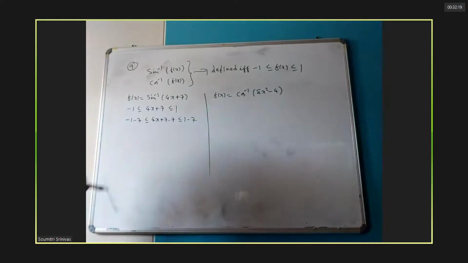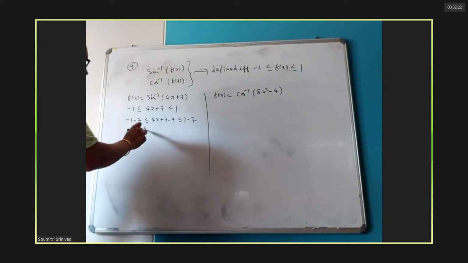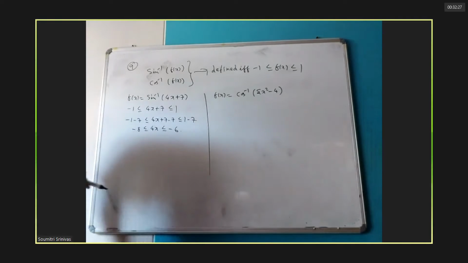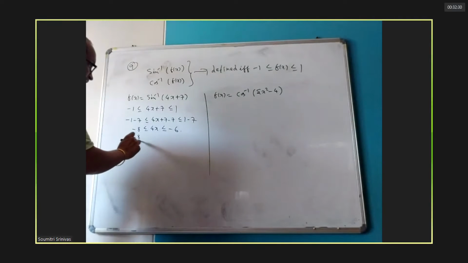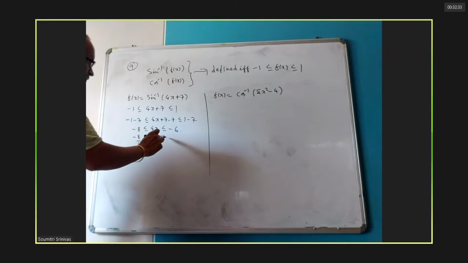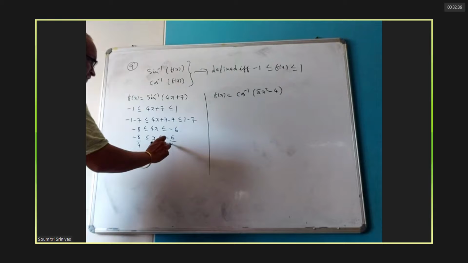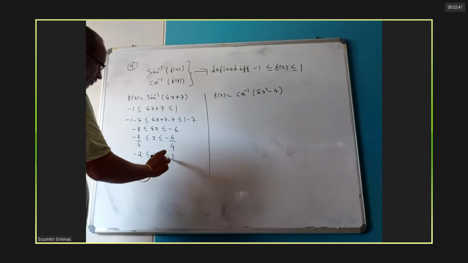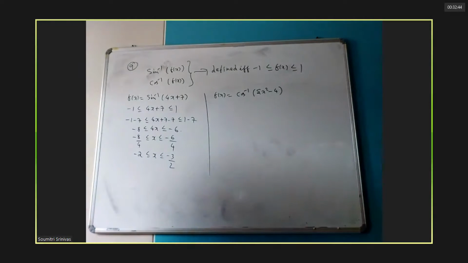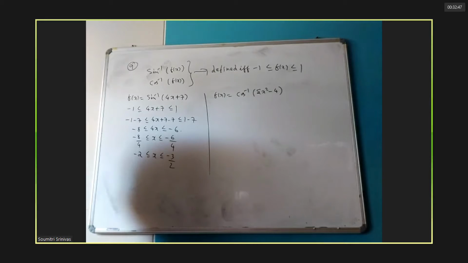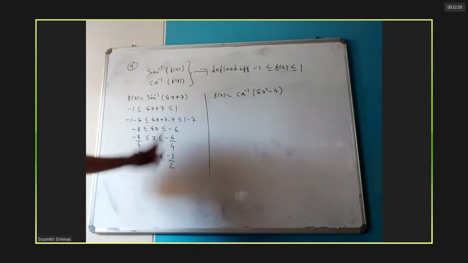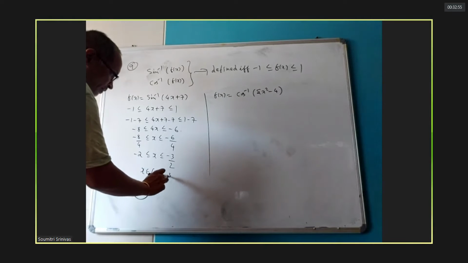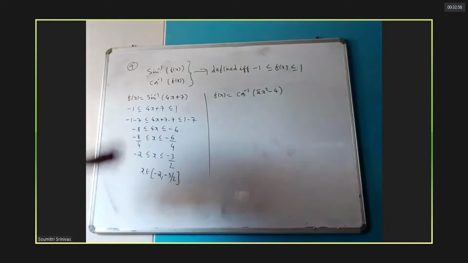Am I correct? -8 less than or equal to 4x less than or equal to -6, divided by 4. -8 by 4 less than or equal to x less than or equal to -6 by 4. -2 less than or equal to x less than or equal to -3 by 2. Am I correct? Are these steps clear? Yes, sir. So where will x belong to? -2 comma -3 by 2.